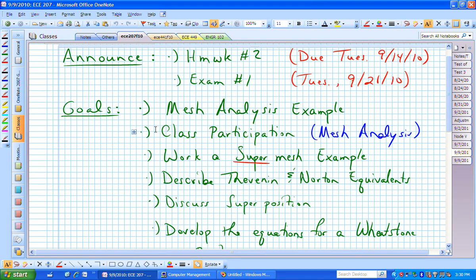We'll start with finishing up the mesh analysis example that we barely started last time. I'll see how well you can do that with a class participation exercise. And then we'll get into these wrinkle cases where the mesh analysis is going to be impeded, or a wrinkle introduced because of a current source being present in the mesh problem.